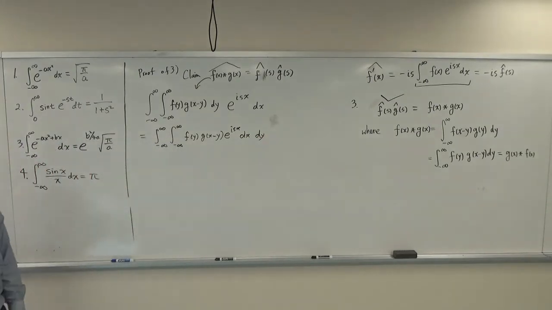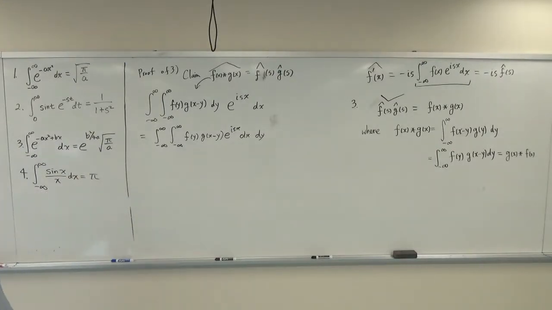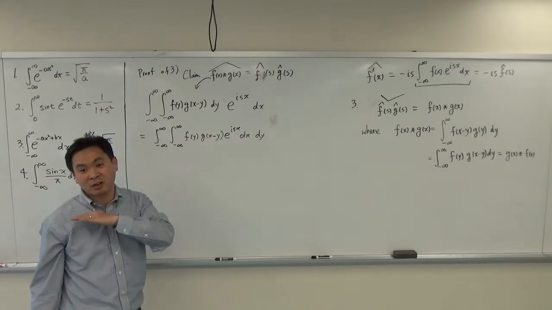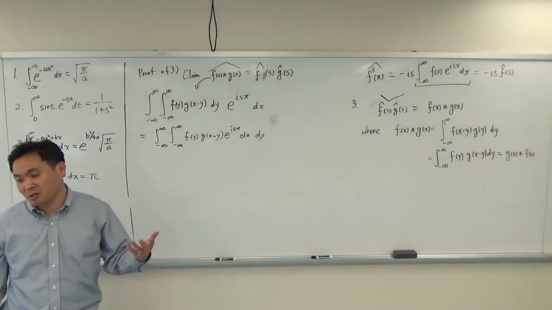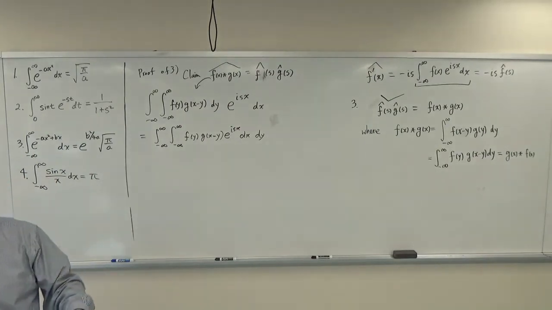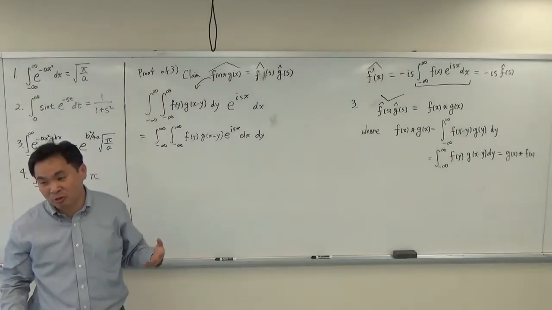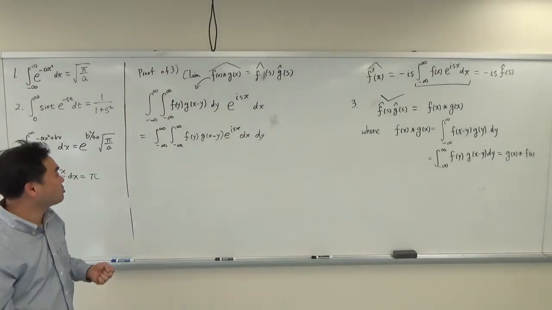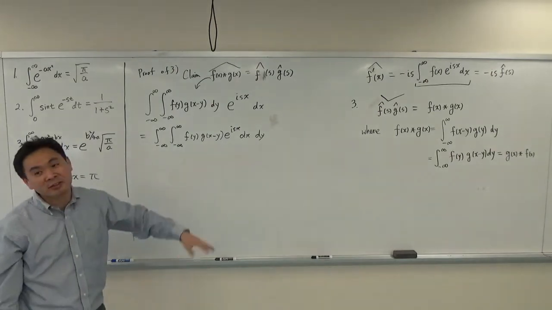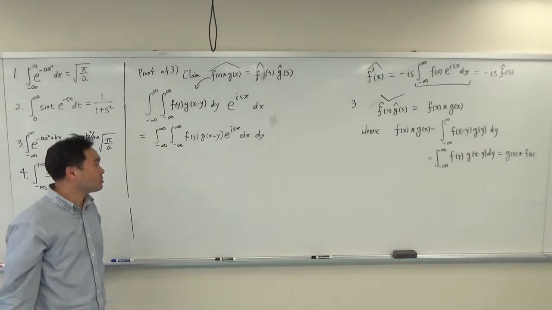Such a way to change things is called Fubini's theorem, and the requirement is that this, as a function of x and y over the entire R2, should be absolutely integrable. So if you take the absolute value of this and integrate over the entire region, it has to give you a finite value. But again, that's for another class. We're not doing anything that rigorous.